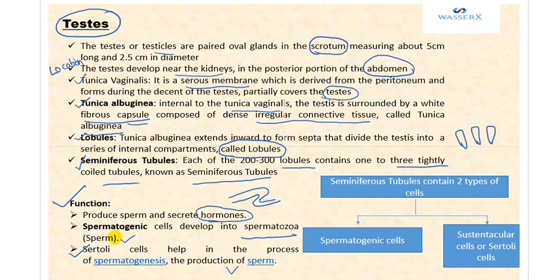The main and most important function of the testis is production of sperm. Sperm are the male reproductive cells. It is a very important part of the male reproductive system. Okay, let's move on.